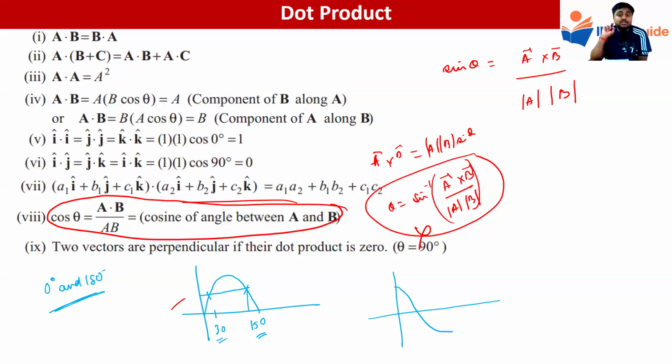It's not giving us a unique value, whereas cos theta is going to give us a unique value. It is unique between 0 to 180. Does it make sense? Yes or no? If yes, please raise it. Good. We proceed.